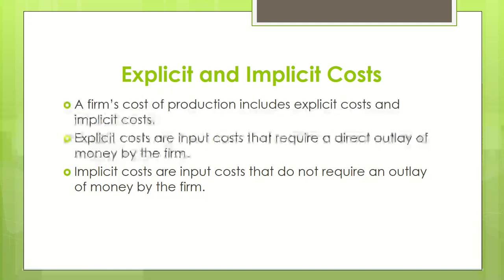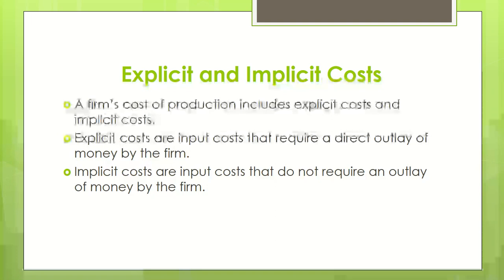While on the other hand, implicit costs are input costs that do not require an outlay of money by the firm. Basically, implicit costs represent the opportunity cost of using resources already owned by a firm.